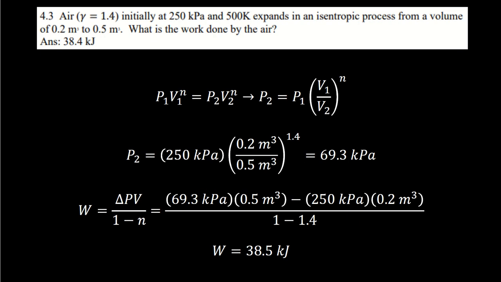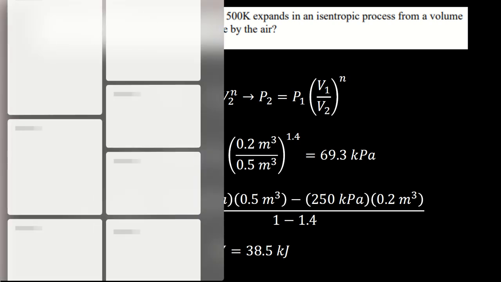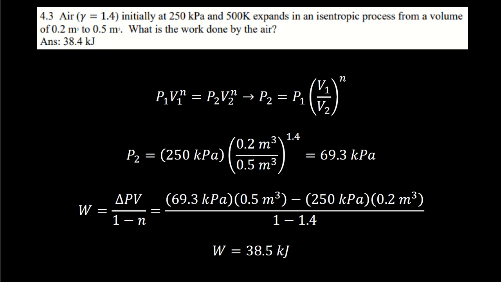4.3: air initially at 250 kilopascals and 500 Kelvin expands in an isentropic process from a volume of 0.2 to 0.5 cubic meters. What is the work done by the air? Oh boy.